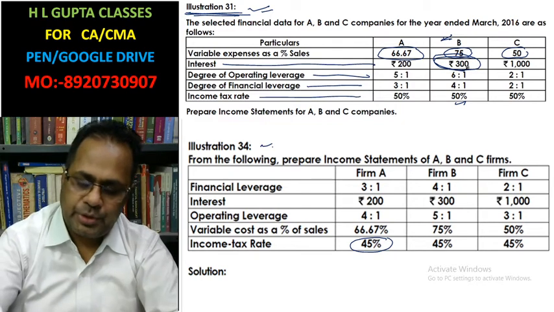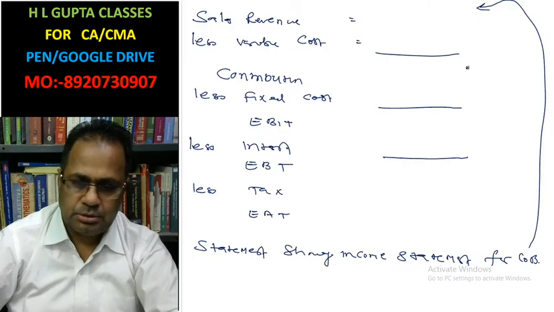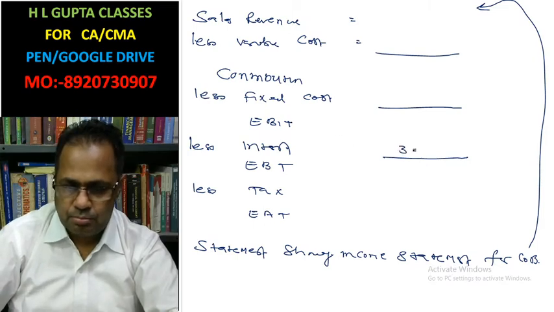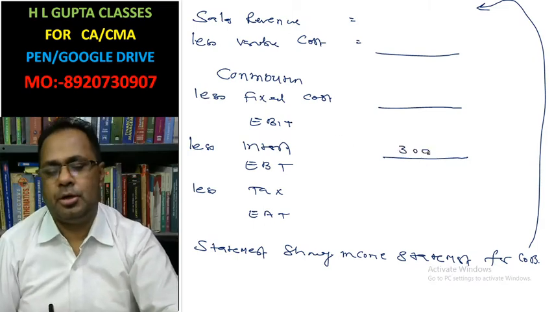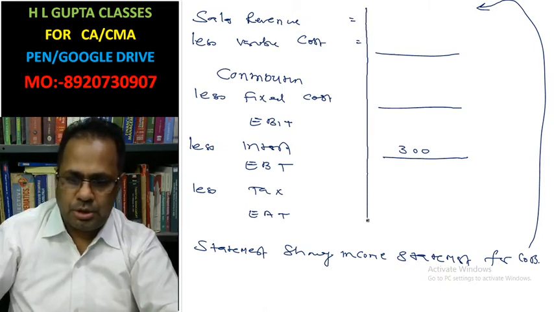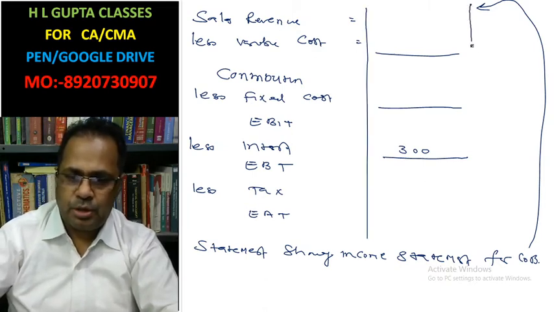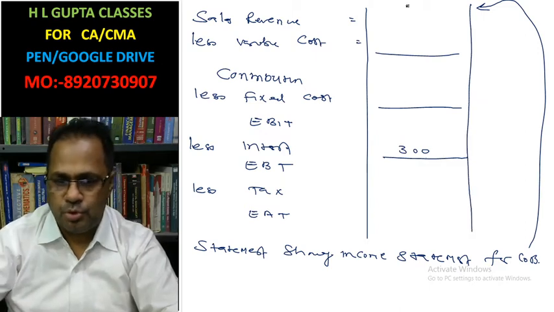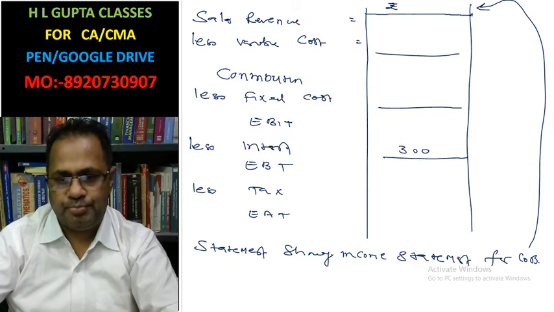So you write here interest 300. Other information is not given in the question. Remaining all things you need to calculate.